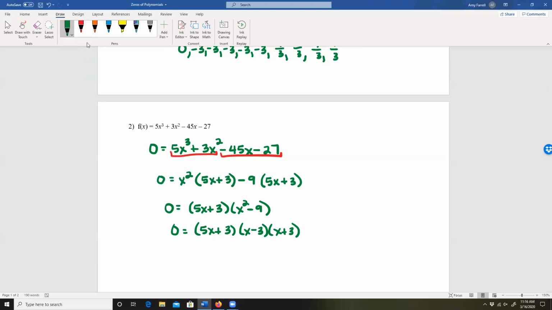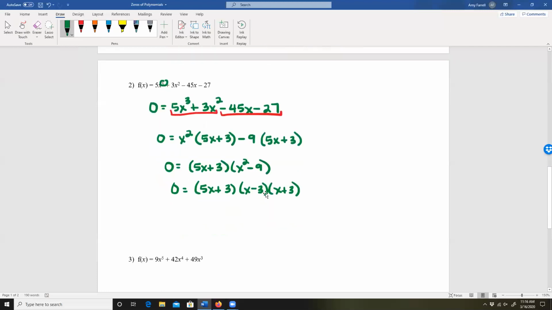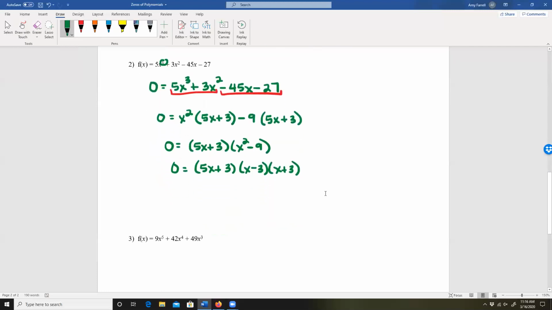So looking at this original polynomial function, I'm expecting 3 zeros. And this time I'm actually going to get 3 unique zeros, because by setting each of these factors to 0 and solving, I'm going to get 3 answers to this equation.